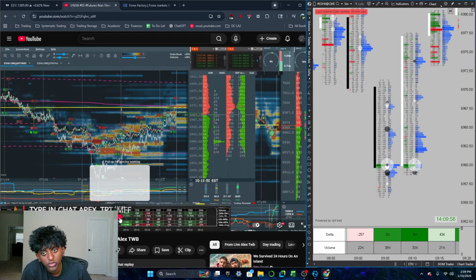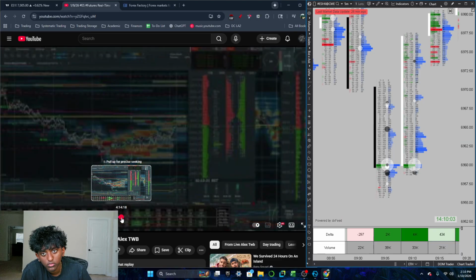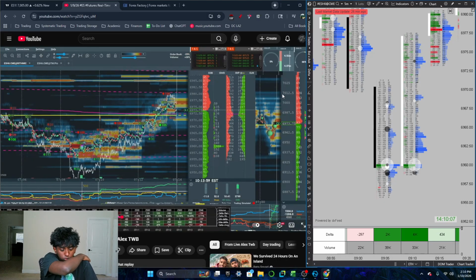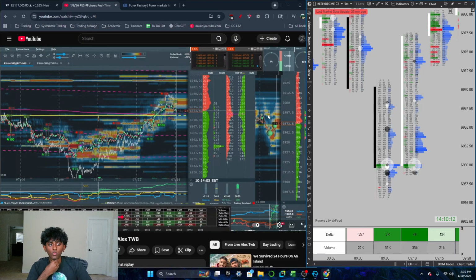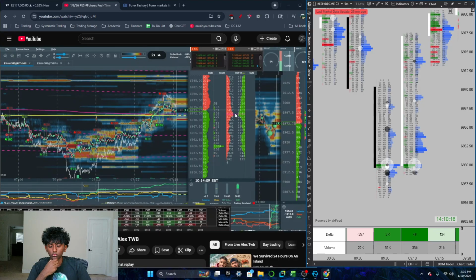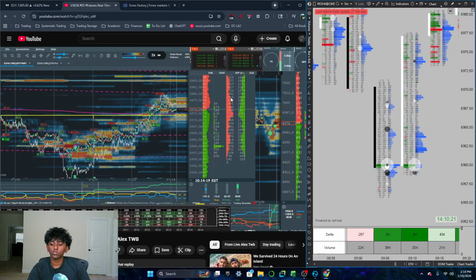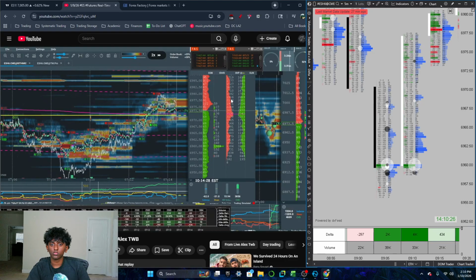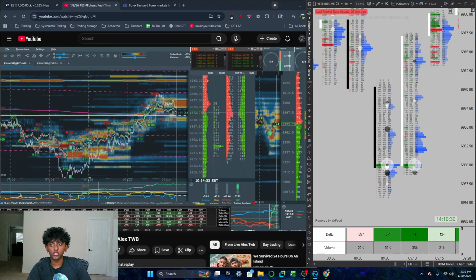We're pushing up at this point. There we have some selling liquidity, but we have this really big buying delta put into place there.